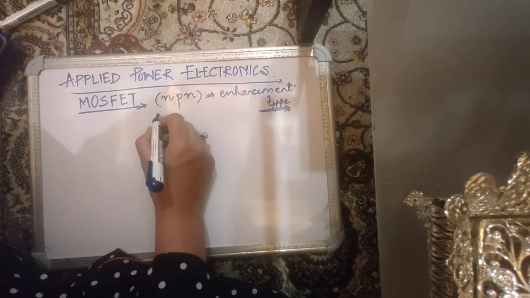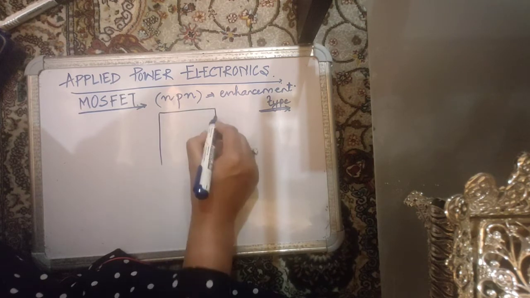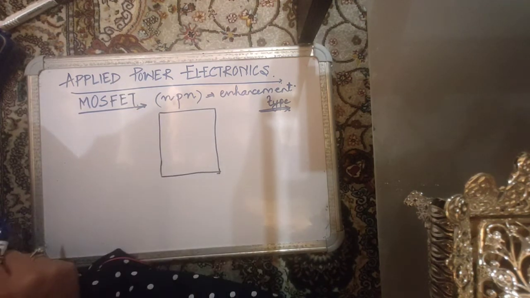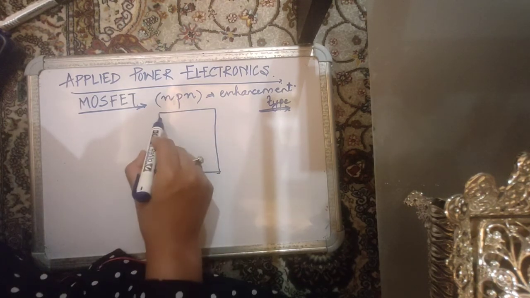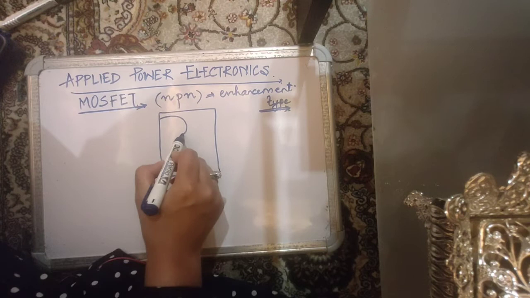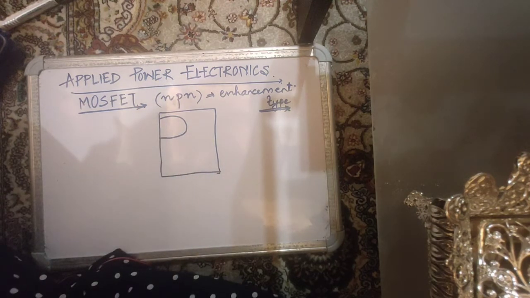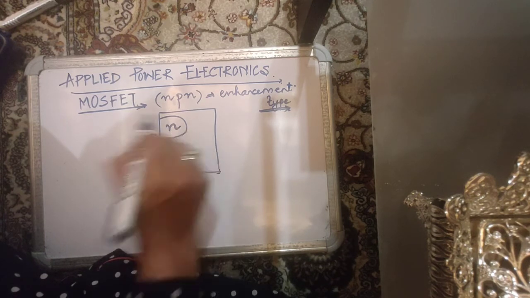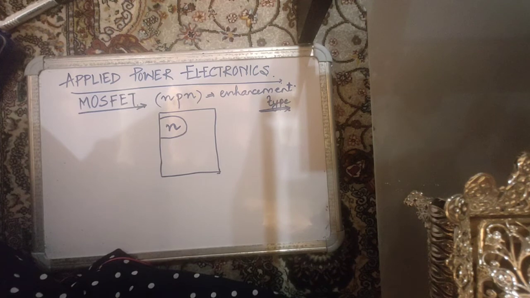It will have a silicon wafer. I'm talking about a normal signal MOSFET that you have studied in analog electronics. We're just doing a quick recap of that, so then we can build up towards power MOSFETs. So a low rating MOSFET has a silicon wafer over which a certain region is doped as an N-type region, that is, doped with, say, phosphorus.